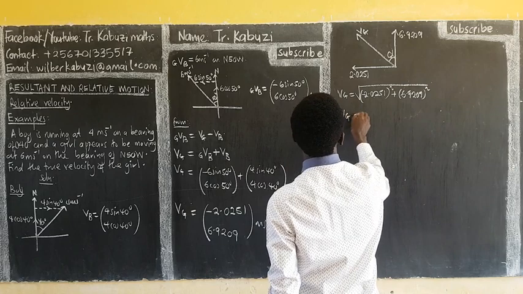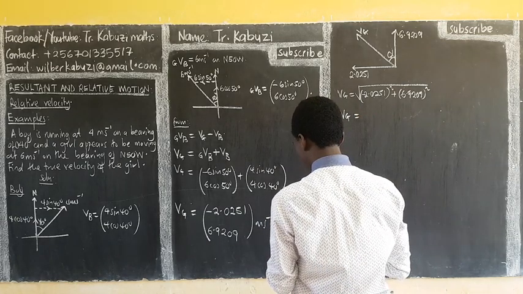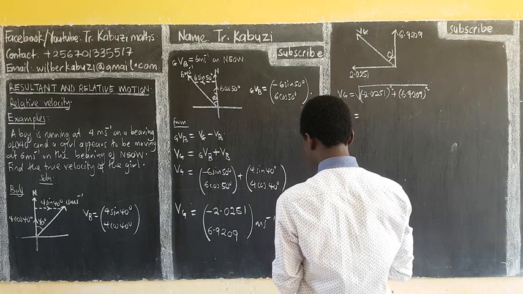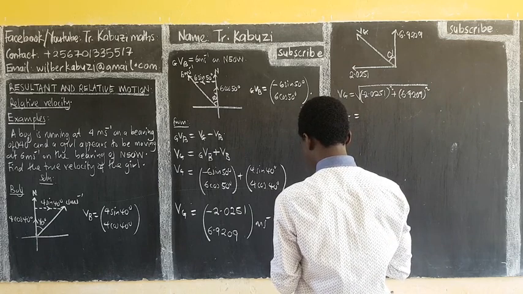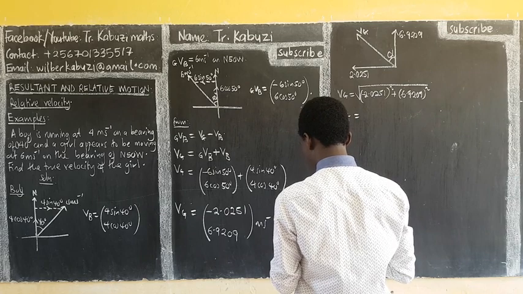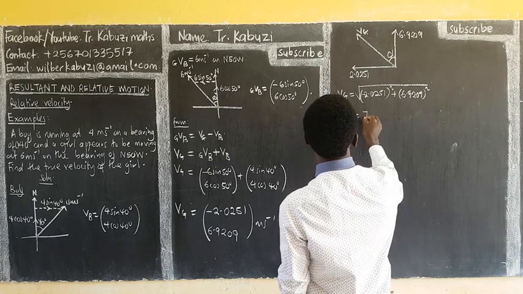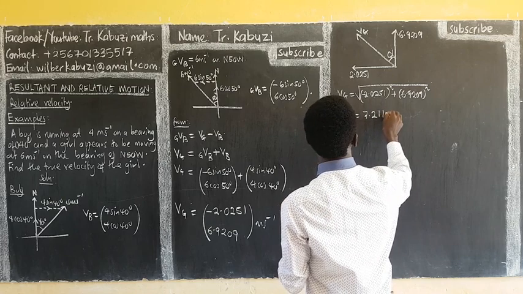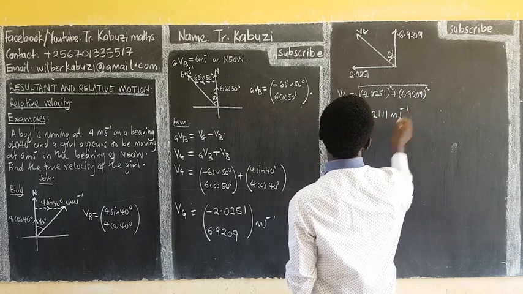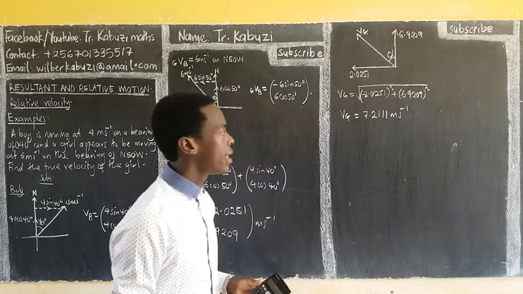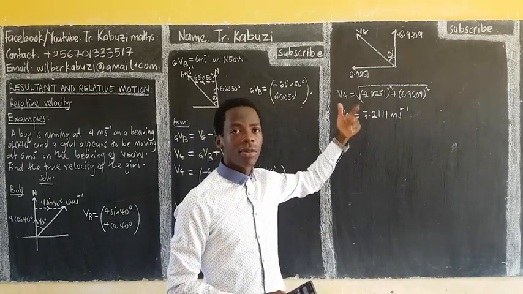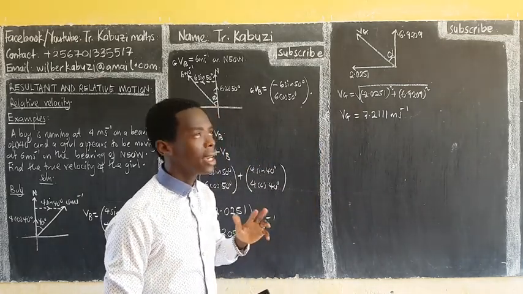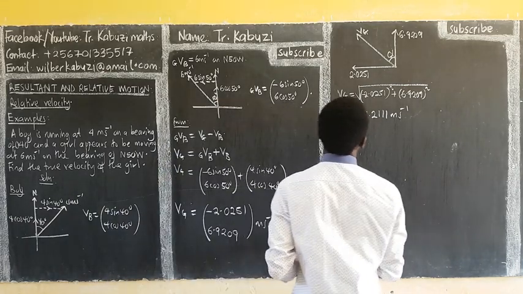So my velocity of the gun is going to be 7.2111 meters per second. Now this is the magnitude of the velocity. So you also need the direction, because velocity always has magnitude and direction, because it's a vector quantity.